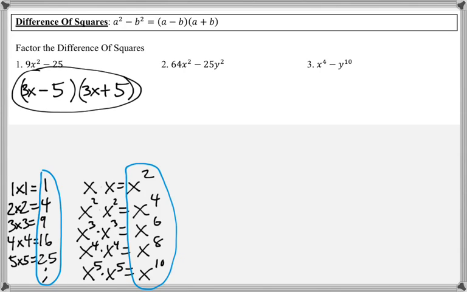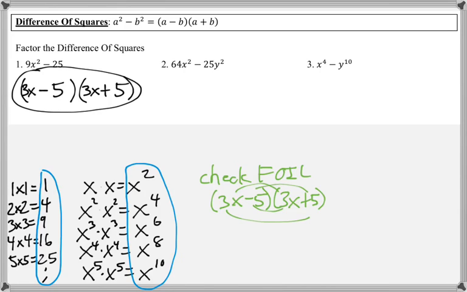If you wanted to check your work, you could. You can FOIL it. So let's check this by foiling. I have 3x minus 5, 3x plus 5, and if I do all the multiplications, I get 9x squared plus 15x minus 15x minus 25.